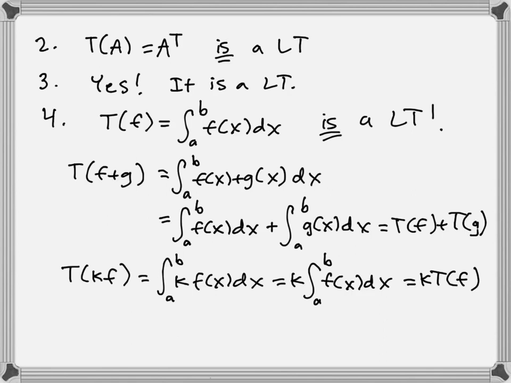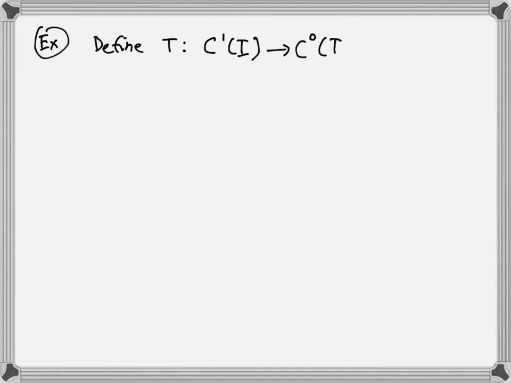Let's do another example of checking whether something is or is not a linear transformation. So let's define T, which maps C1 on an interval to C0 on an interval, given by T of a function f is equal to f prime.